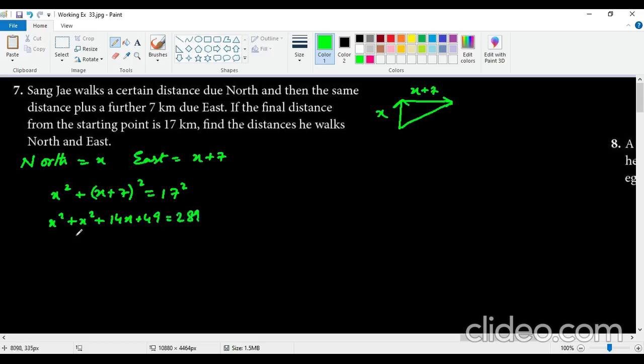Now in here we have 2x square plus 14x and plus 49 and minus 289, which is going to give us minus 240 equals 0. Dividing the whole thing by 2 gives us x square plus 7x minus 120.